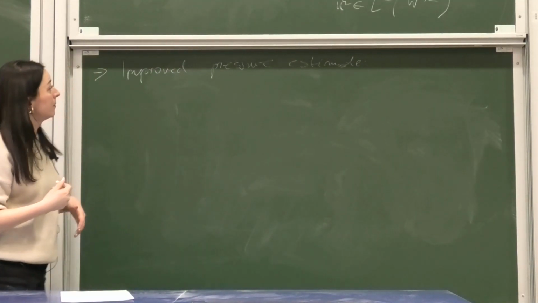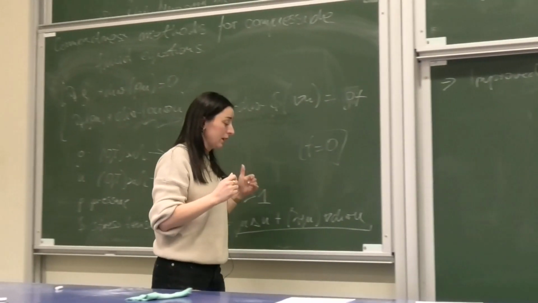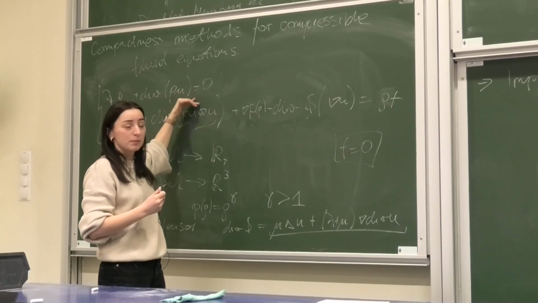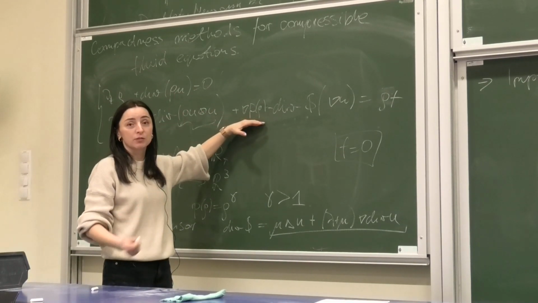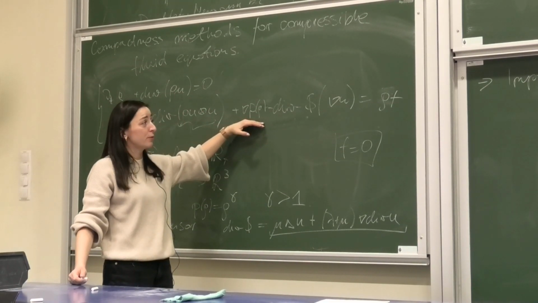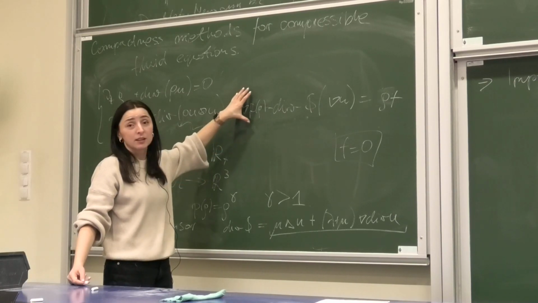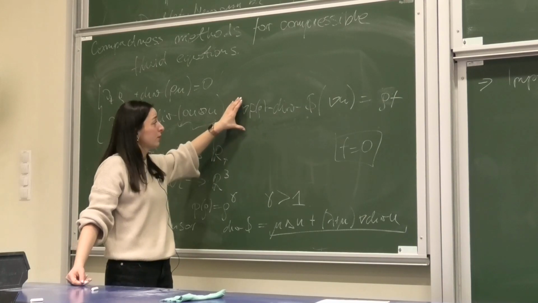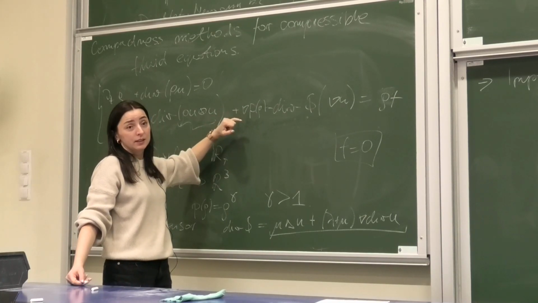First, the idea is to extract information about the density, not from the equation for the density, but from the equation of momentum. And this information on the density is hidden here. So in order to extract this information, we have to invert the divergence operation.